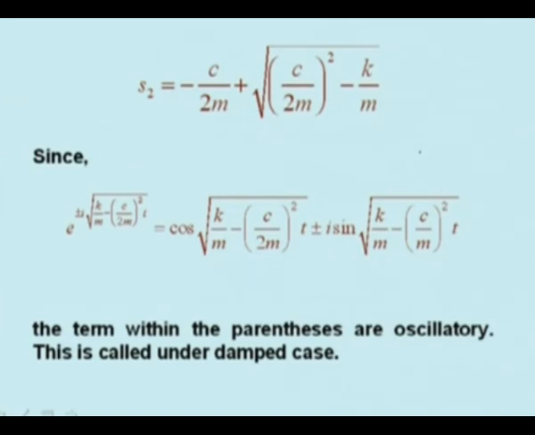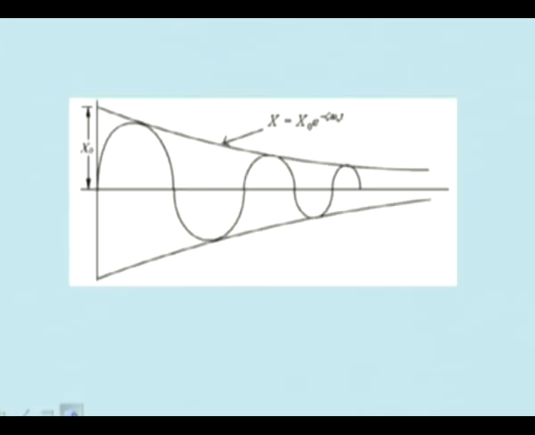Now you have got two roots of this problem. That means both are solutions. We assumed the solution was x equal to A e to the power st, but it has got two roots.